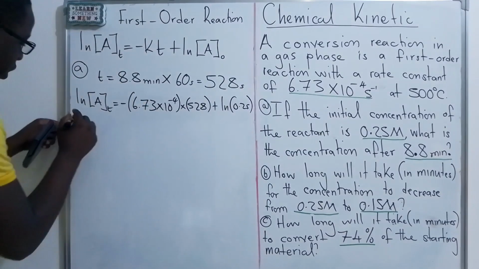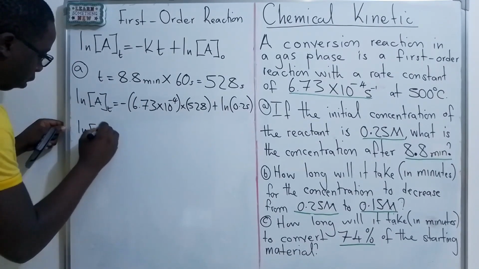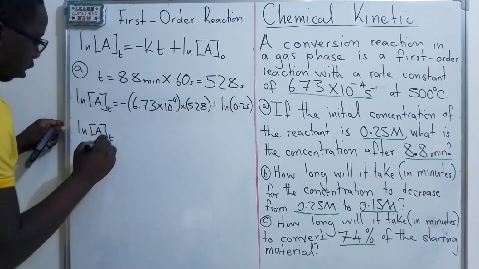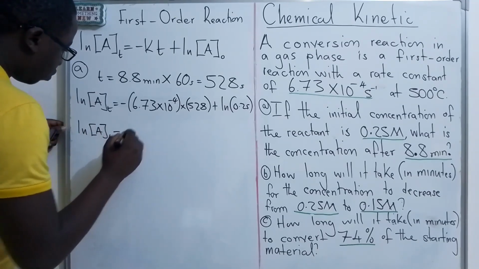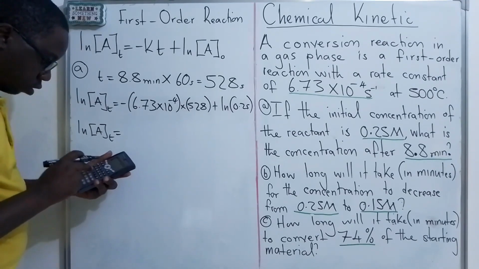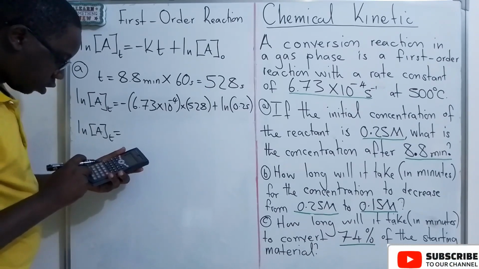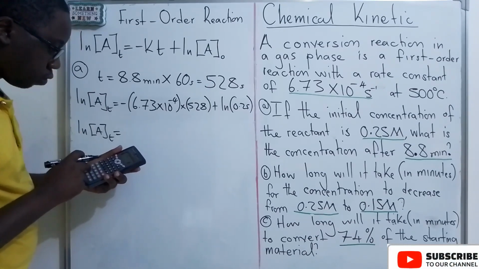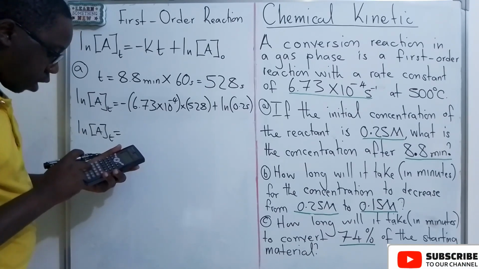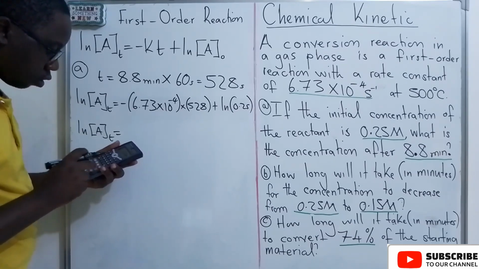So we have the natural log of A_t is equal to, we are multiplying 6.73 exponent negative 4 with 528.